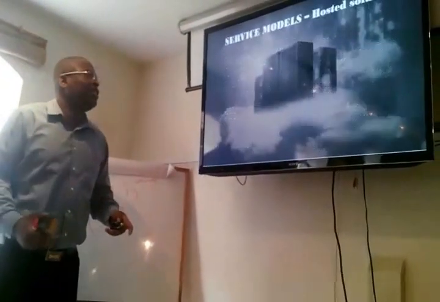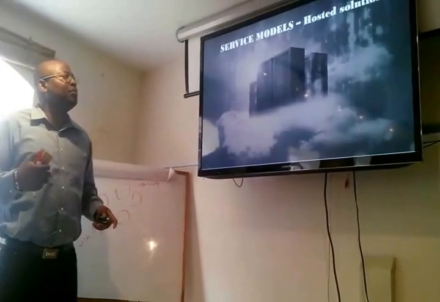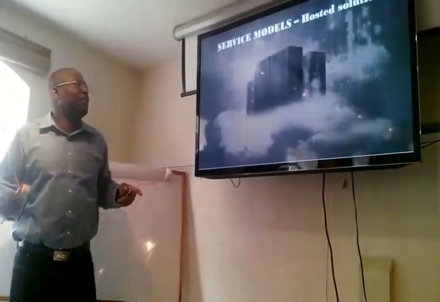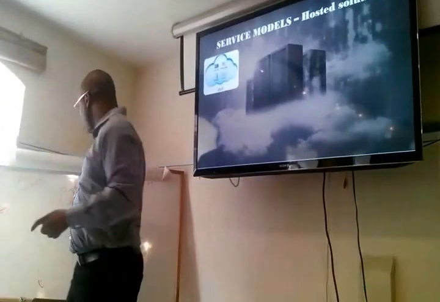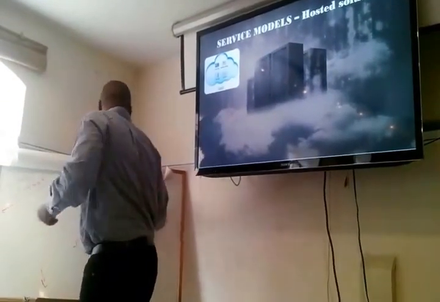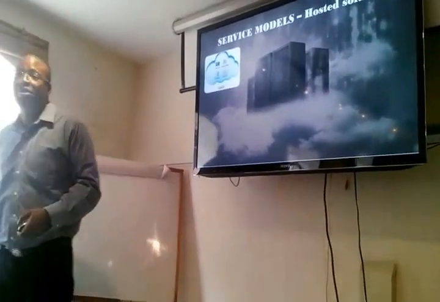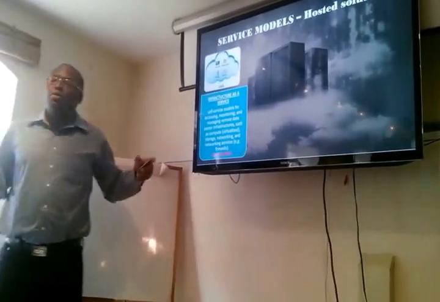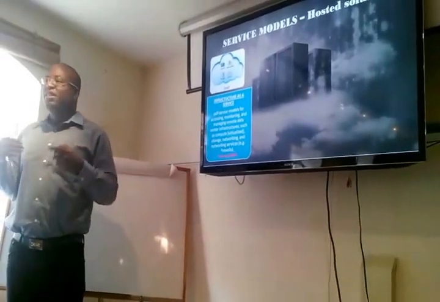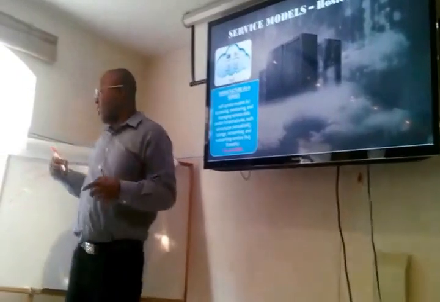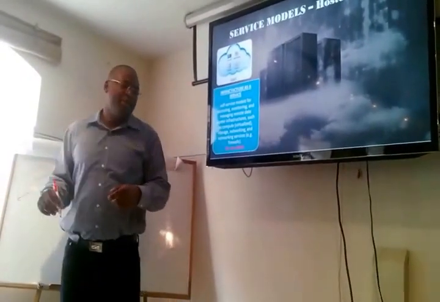Then, this was the deployment model, but there are different service models. The first one is IaaS. IaaS is infrastructure as a service, and it is really for sysadmins like us. This is a service that can be provided.